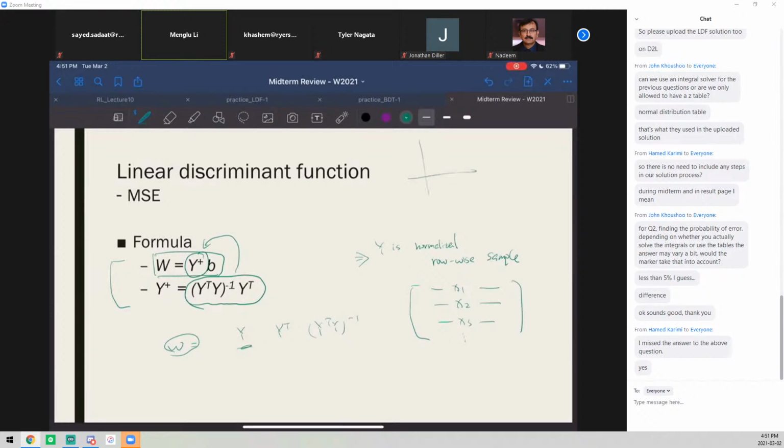For example, it's like this. That's class 1, and that's class 2. And here is one class 1 in here. If the data set is like this, it's not linearly separable. You cannot draw a linear line to correctly separate all of these.